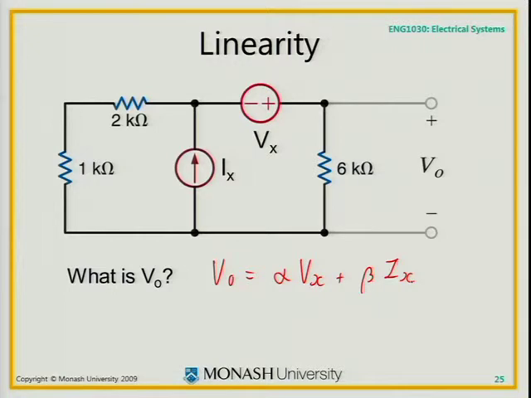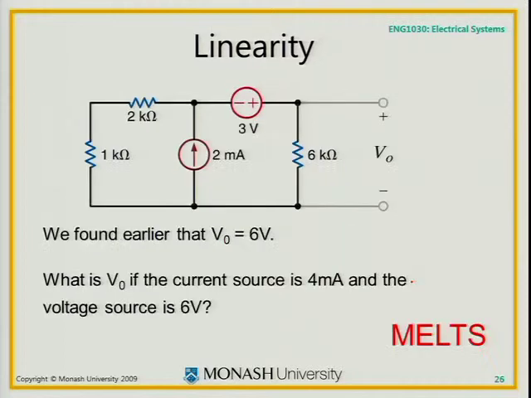It must be of the form alpha Vx plus beta Ix. So if that is the case, we found earlier that for this particular circuit with those values, V0 was 6 volts. We found that by superposition. What now happens if the current source is 4 milliamps and the voltage source is 6 volts?